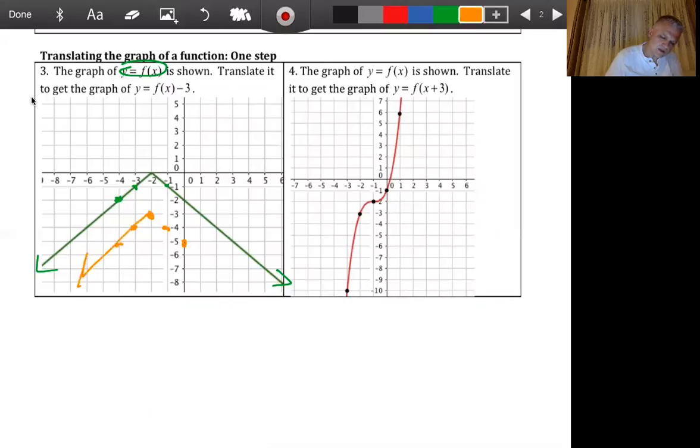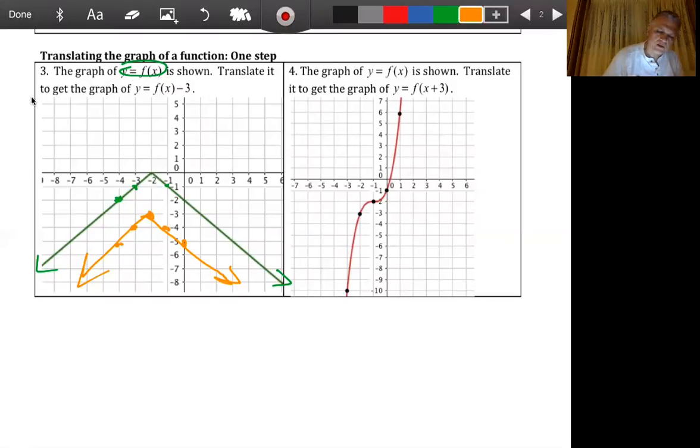Okay, connect the dots. Notice that translating, just like back in geometry, when we did translations in Unit 6, translating does not flip it. Translation doesn't turn it. Translation doesn't make it bigger or smaller. It just slides it. So it is the green graph moved down 3 units.